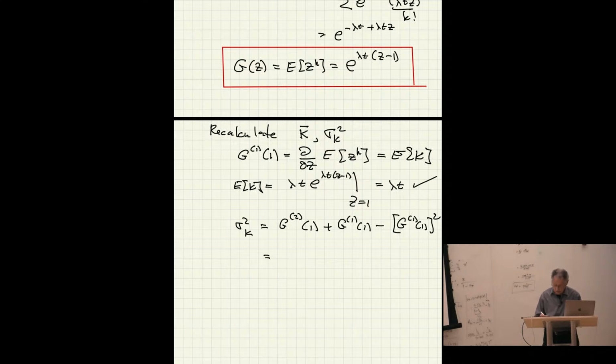The second derivative of g gives me lambda t squared when I differentiate the expression in red twice, and I'm left with e to the lambda t (z minus 1), all of that at z equals 1, plus the first one I just cooked above with the check mark, that's lambda t, minus lambda t squared.